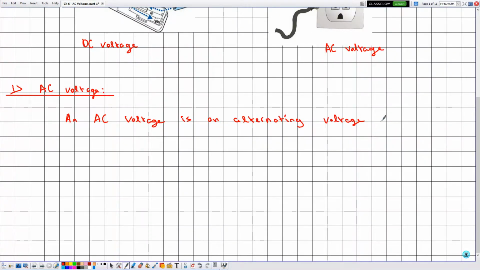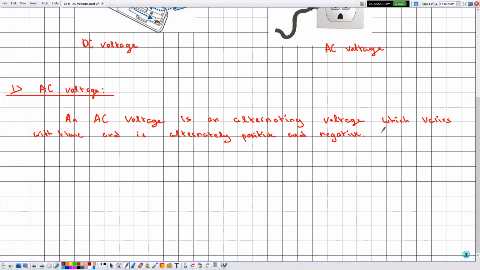So it is an alternating voltage, which means a voltage which varies with time and is alternately positive and negative.